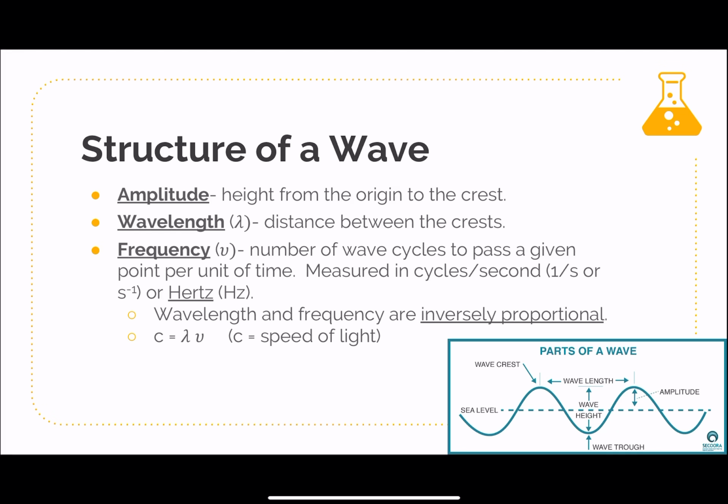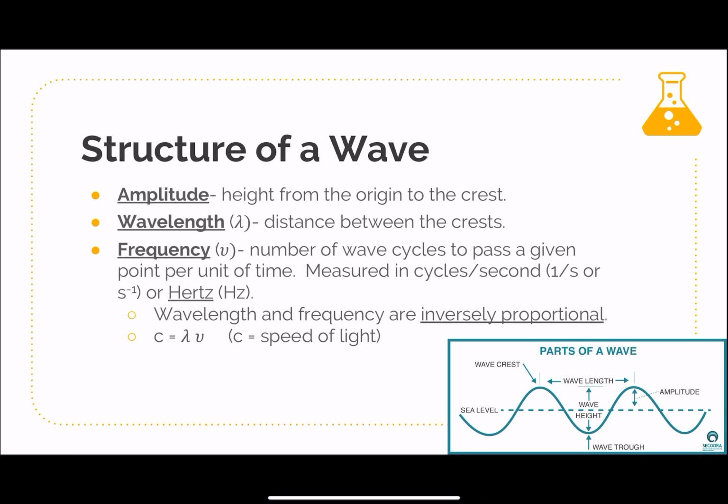So when we look at a wave, you have a height, the height of the wave. And so that's from crest to trough, this height from the crest of one wave to the trough of the next wave. Okay, and that is referred to as the amplitude. It's the height of the wave.